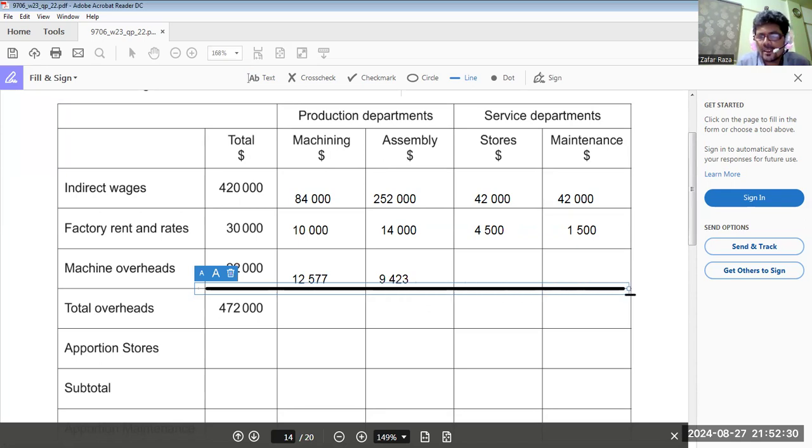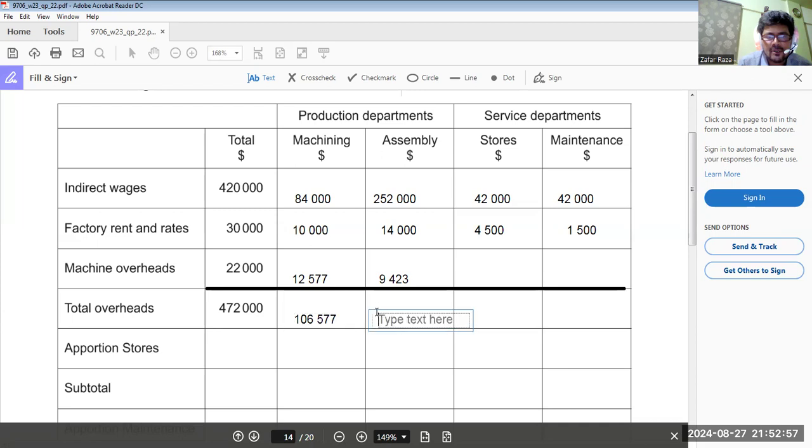We have to get the totals. We have done the first column. We have to calculate the second column. 84,000 plus 10,000 plus 12,577. It's 106,577. Okay.